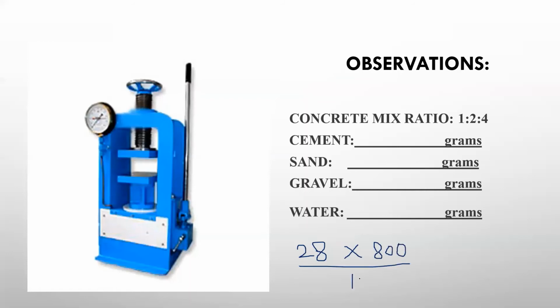This is the way to calculate the W by C ratio. So you will get the amount of water in ml. You have to multiply, the 0s cancel, so you multiply 28 into 8. So let me check it out. 28 into 8 is 224 ml.